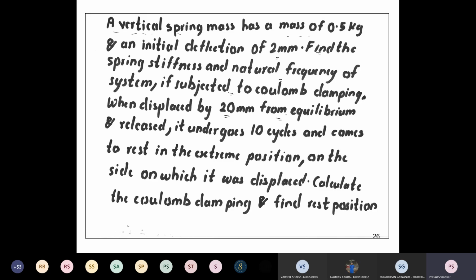Initially it is vertical, and the initial deflection is given as 2 mm. Now the spring is subjected to Coulomb damping, and its initial displacement is 20 mm from the equilibrium position, and it is released and it undergoes 10 cycles and comes to rest in the extreme position on the side on which it is displaced.